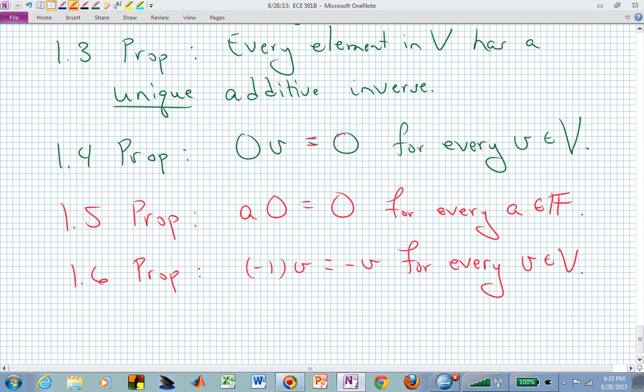So this is now the same. If somebody gives us a minus v, that's like scaling v with a scalar of -1. That's the same expression.